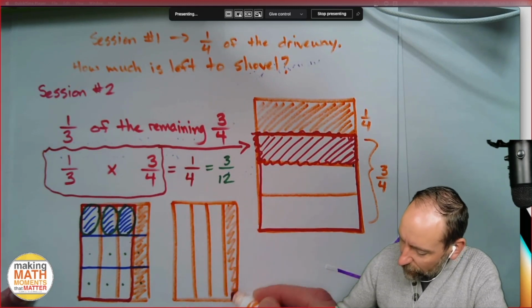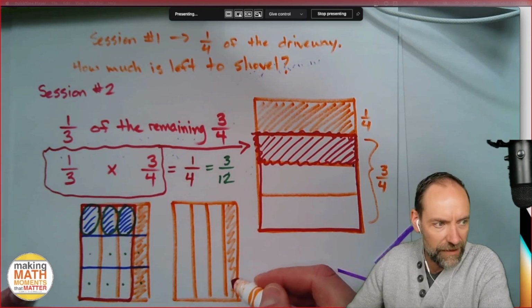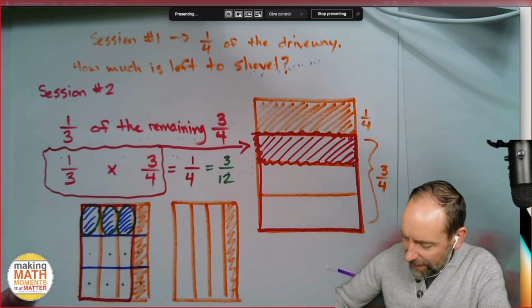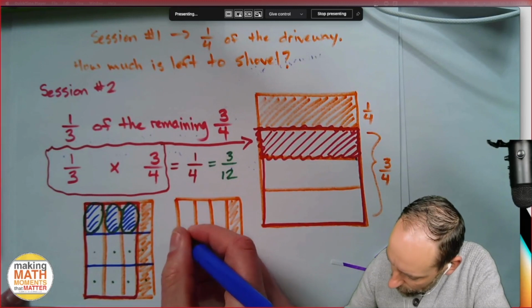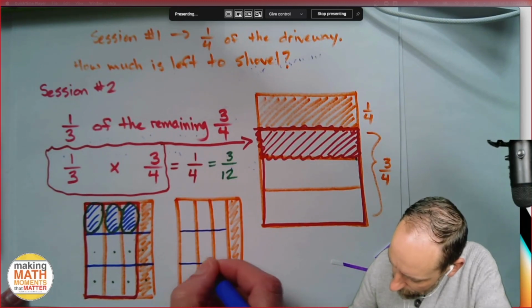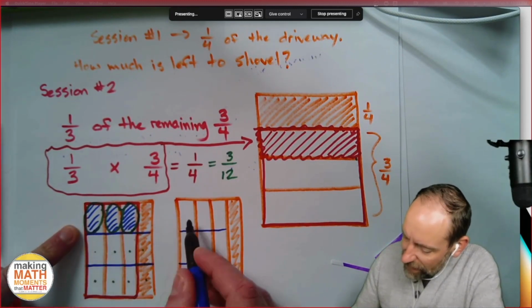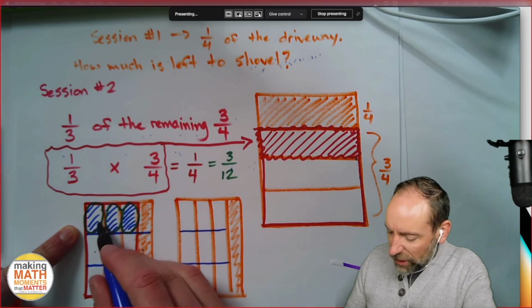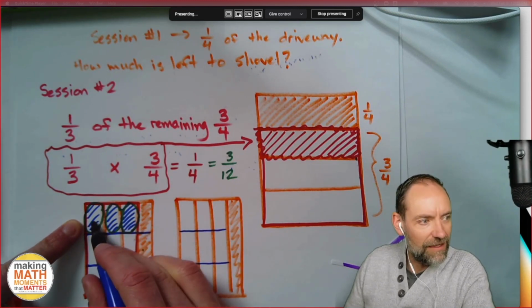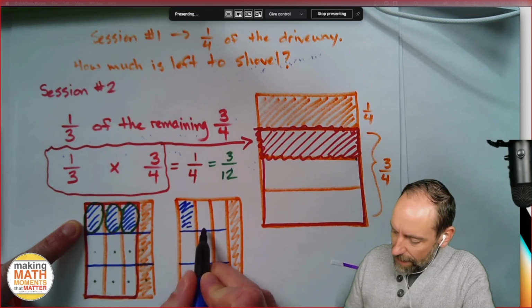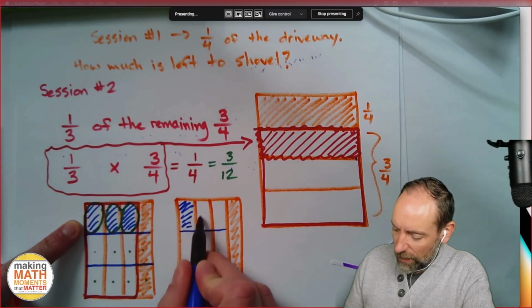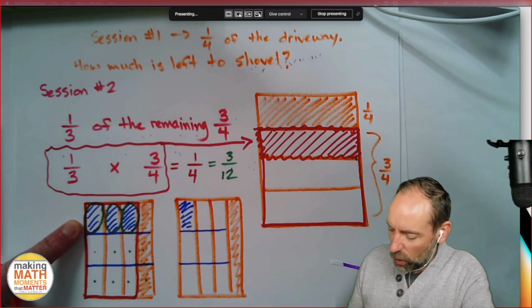Remember, this part of the driveway I don't really care about for this question, because this is what has to be done. You also went like this and said, okay, we did this. Then you colored in these three. I wonder if I took these three pieces and I left this one there. And then could I put this somewhere else where it would be more obvious to me?